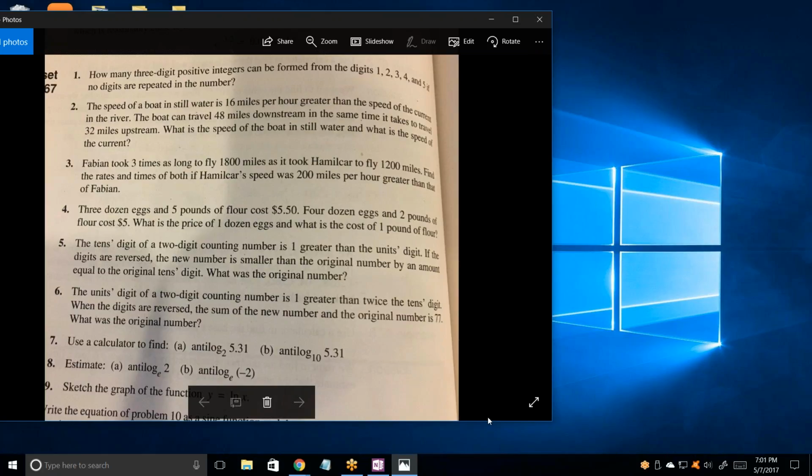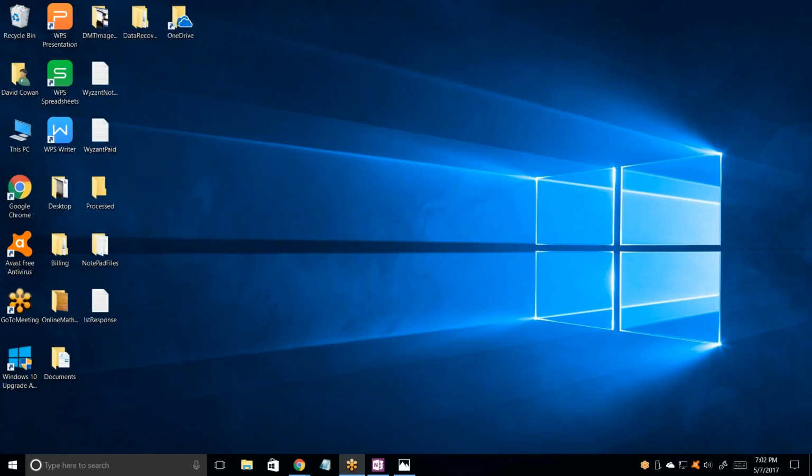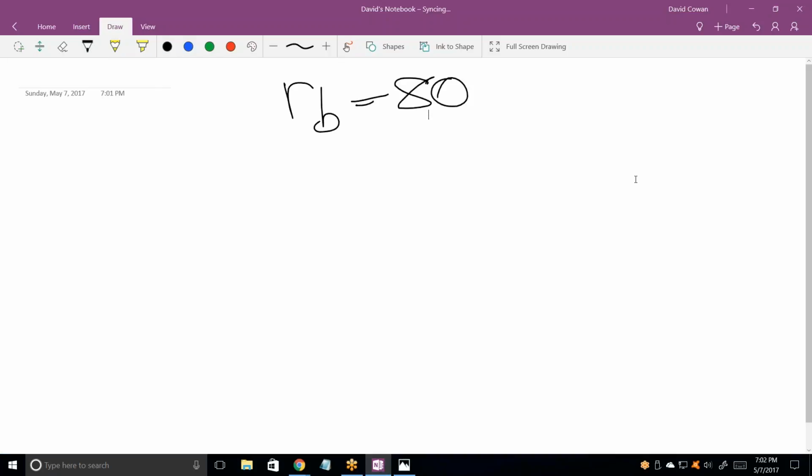I'm not sure what's wrong, Justin. The only thing I know, I know we're at the half-hour point. I won't keep you much longer. But if the speed of the boat is 80, the speed of the current has got to be 64.